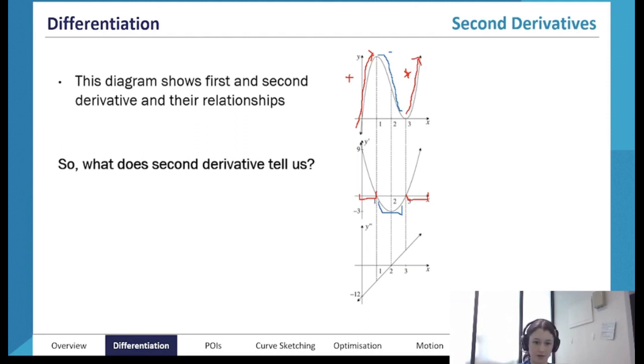And this is why, if our derivative is greater than 0, then we have a positive gradient or an increasing function. Because when the value of the derivative is above the x-axis, this is when we have a positive gradient. So this is where these rules we were discussing before come from.